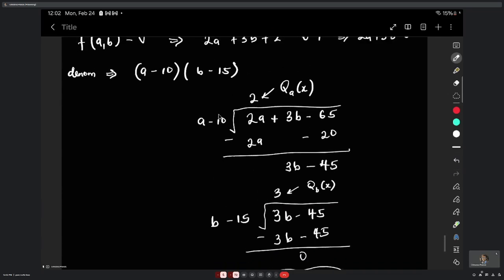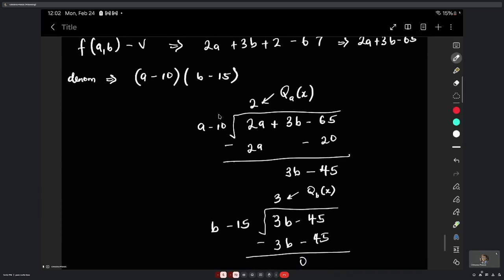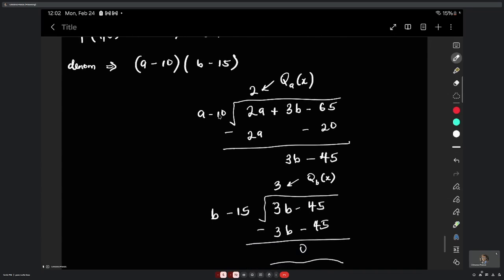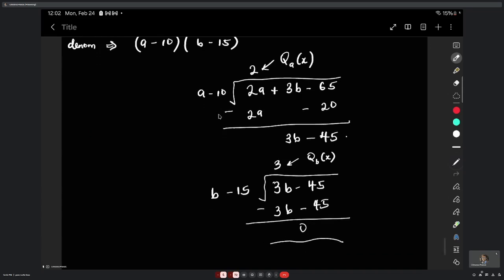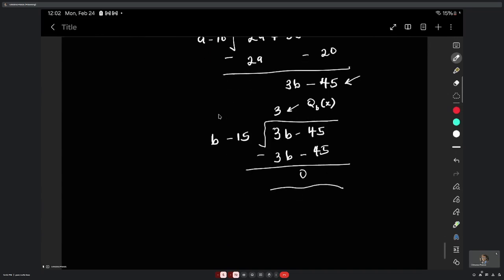Okay, so this is our remainder after dividing by this first one. So let's multiply. We are going to multiply the quotient by the divisor. What was our remainder? That was 3B. There's no remainder now, for the first one.